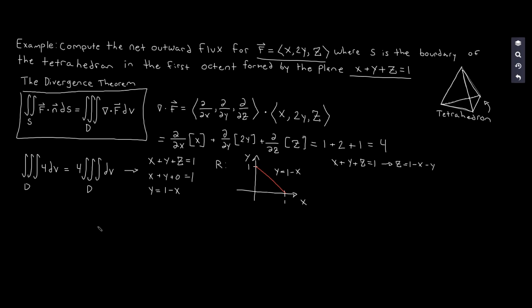You could set up the integral like this, factoring out that 4: 4 times the triple integral. Probably in alphabetical order, so this is x, the interval from 0 to 1.